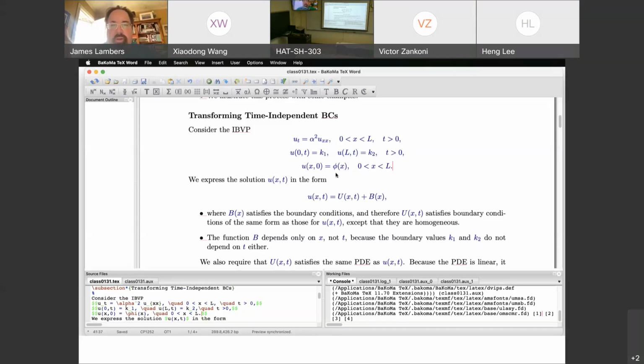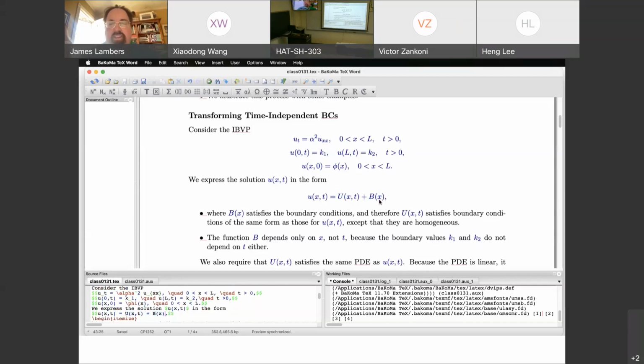The way we're going to transform this problem into a similar one that has homogeneous boundary conditions, in other words, making these values 0, is to decompose our solution, little u of x,t. Here's a solution of our original problem. We'll break this down into capital U of x,t, which is what we're going to solve for in our transformed problem, and then this other function, capital B of x.